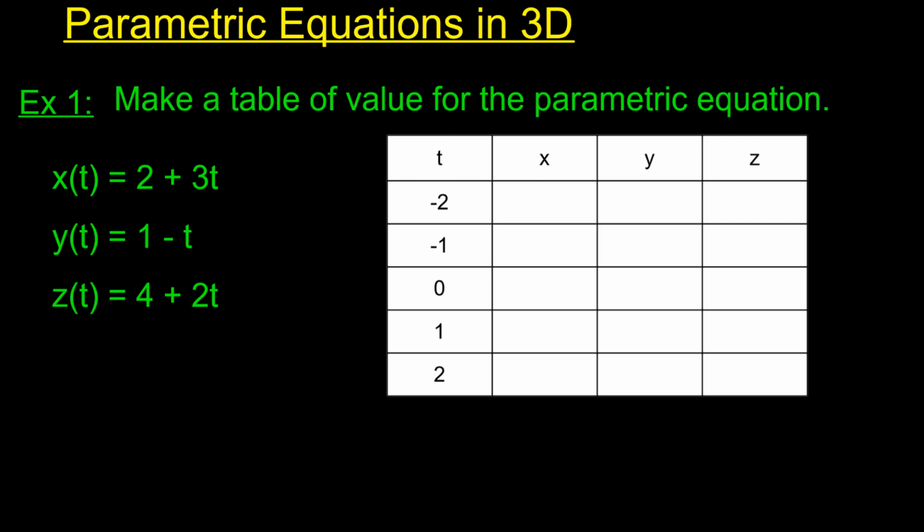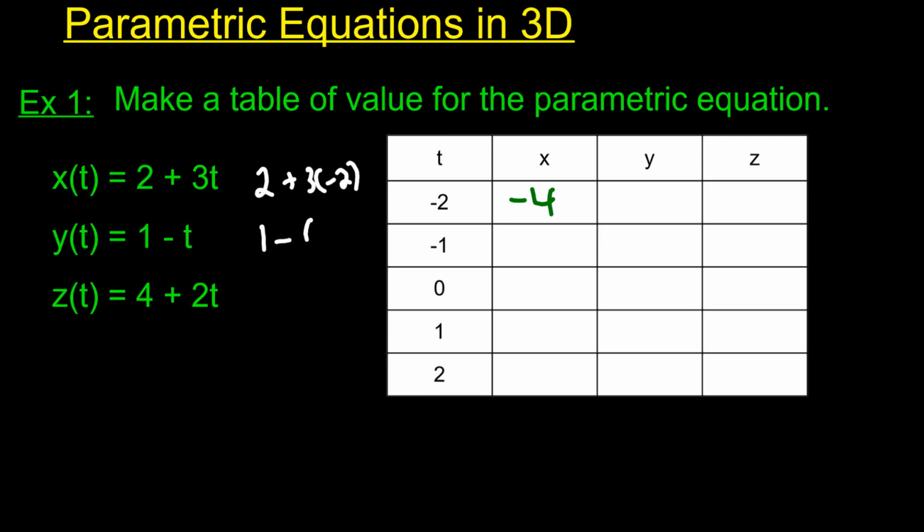So we're going to start out by plugging in -2 into each equation. So it's going to be 2 plus 3 times -2, and 2 plus 3 times -2 would give us -4. Then let's plug in -2 here.